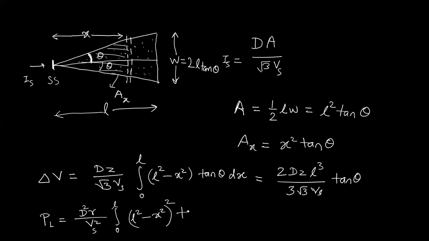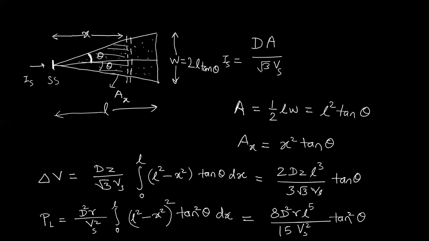And the common quantity which we have taken out was tan square theta. Okay, so if we simplify and solve this, what we get is 8 D square r L to the power 5 divided by 15 Vs square multiplied by tan square theta. So this is the expression for power loss.